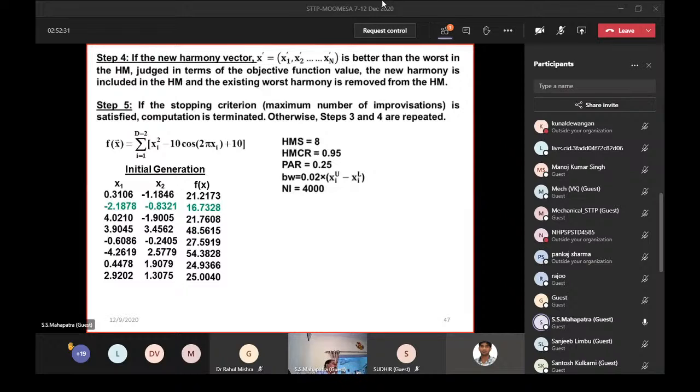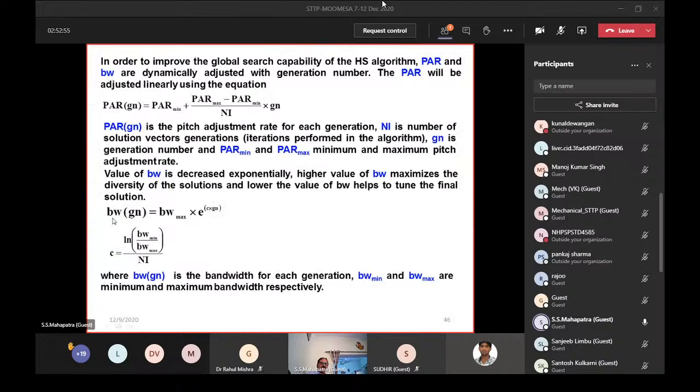So whatever may be the case, if you select one, then whether it needs pitch adjustment or not, that decision you have to take by generating a probability. If the probability is PR, then the decision may be to change. If the probability is 1 minus PR, then the decision is not to change the pitch. If the pitch adjustment is to be made, then it is given by this relation.